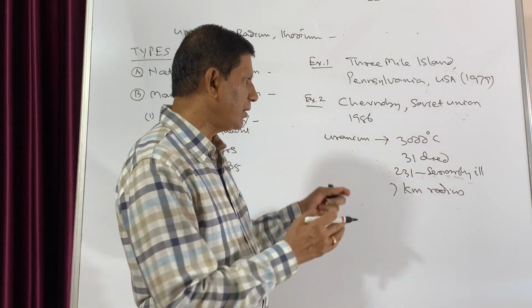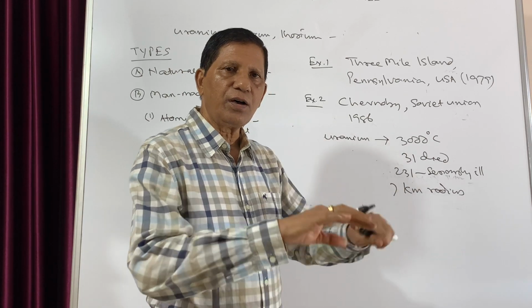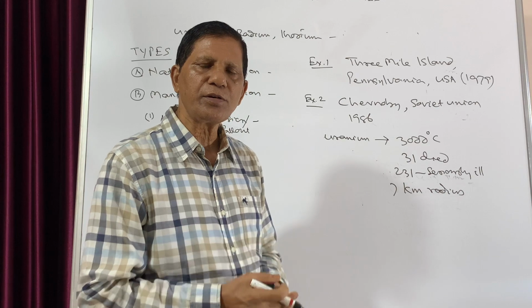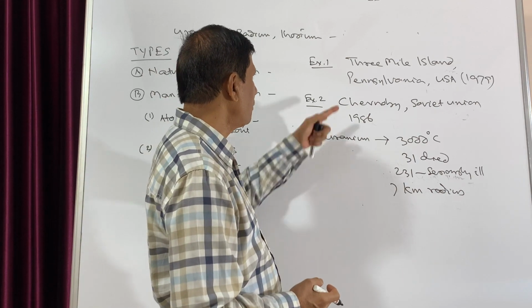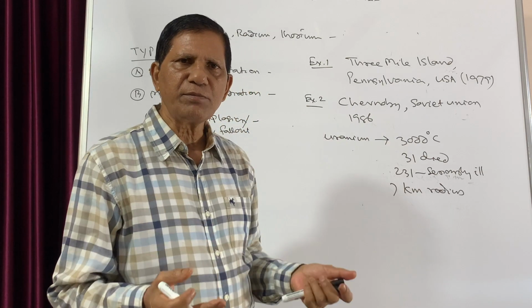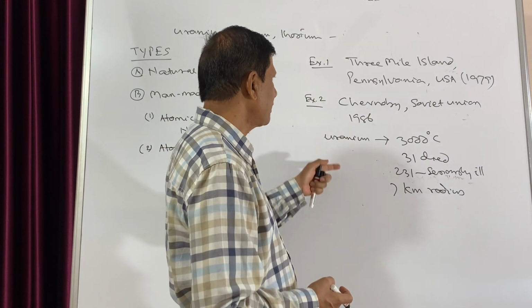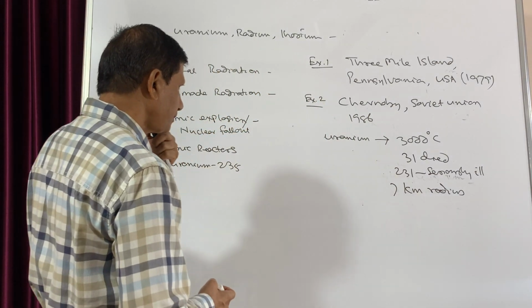Besides, these are the major serious problems, but some minor problems are also there. So this is the case of both Three Mile Island and Chernobyl. Their examples are cited throughout the world because these are the major defects in the reactors.